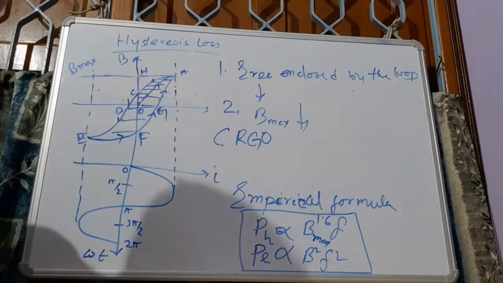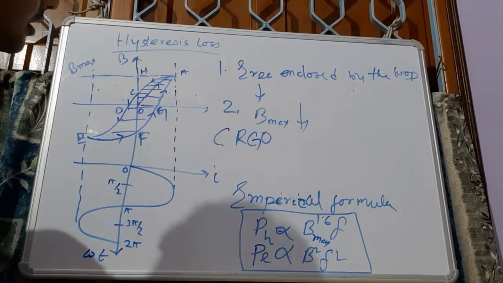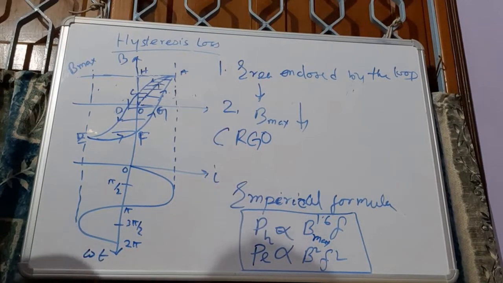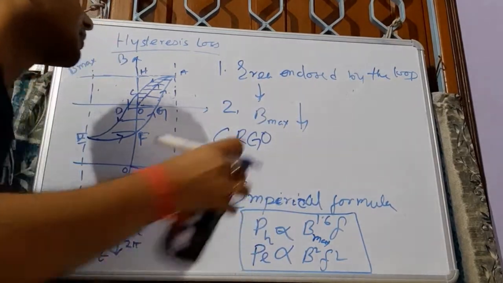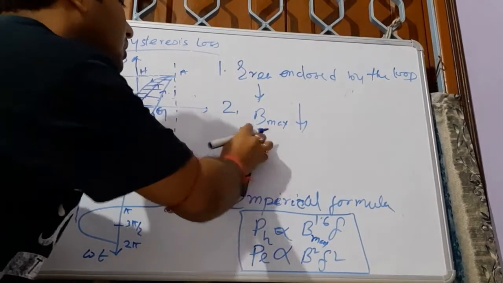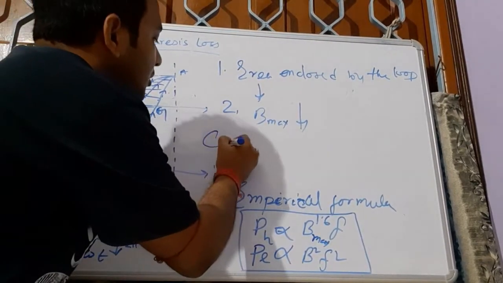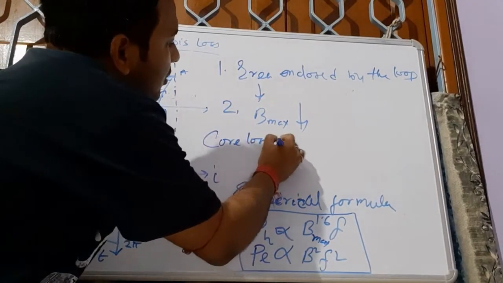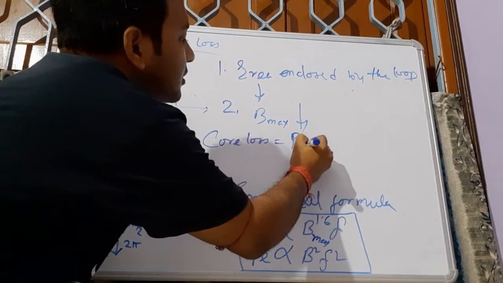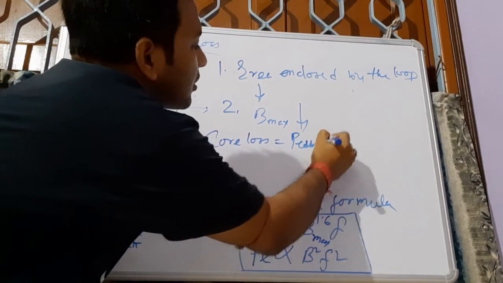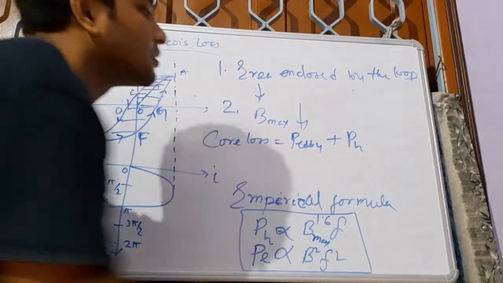Okay, so ultimately our total core loss equals P eddy plus P hysteresis.